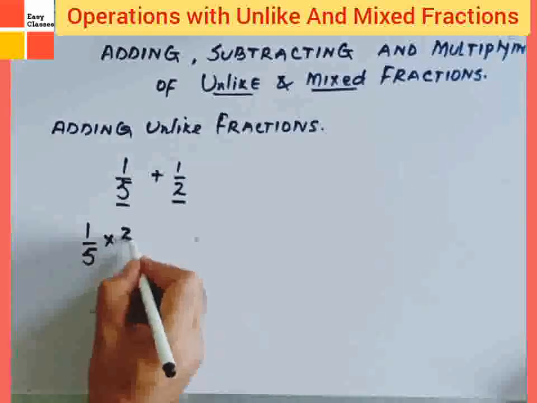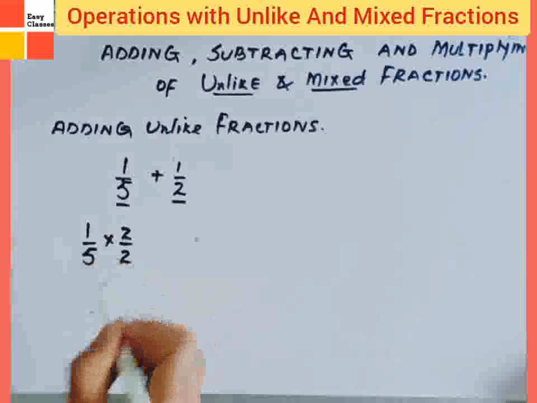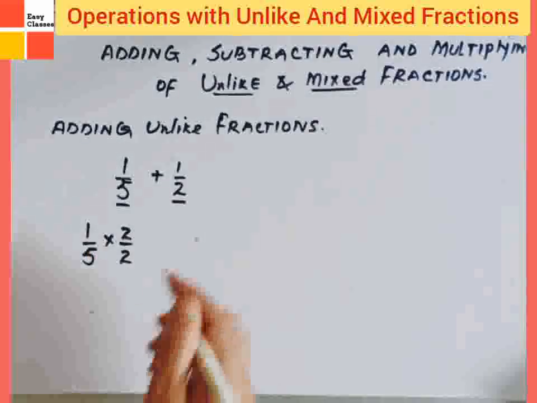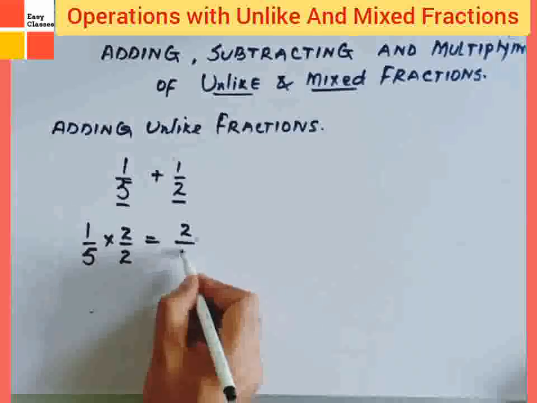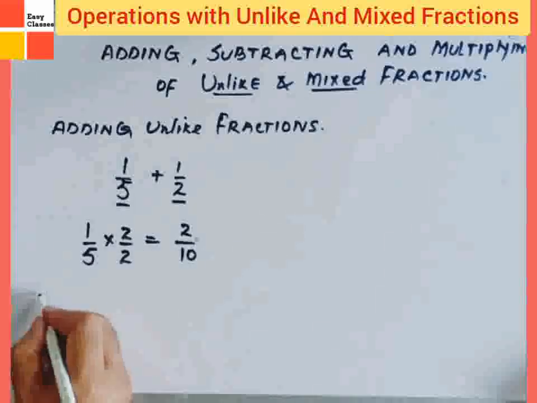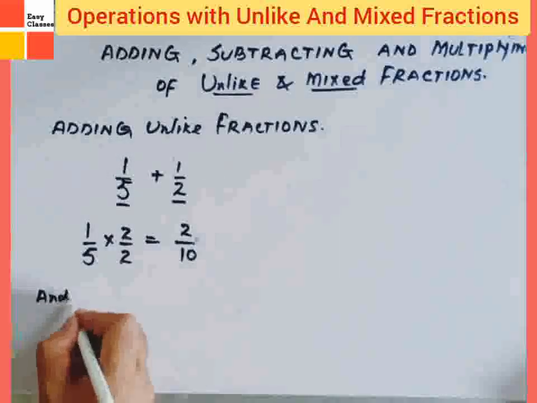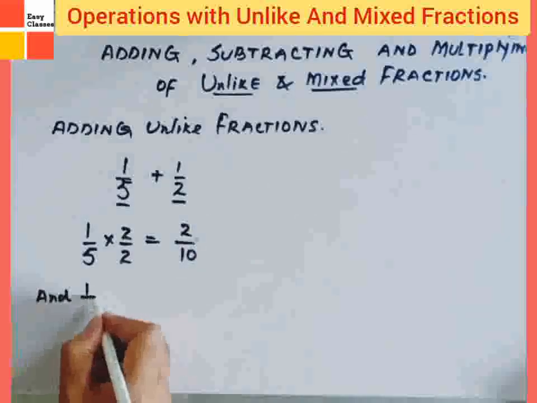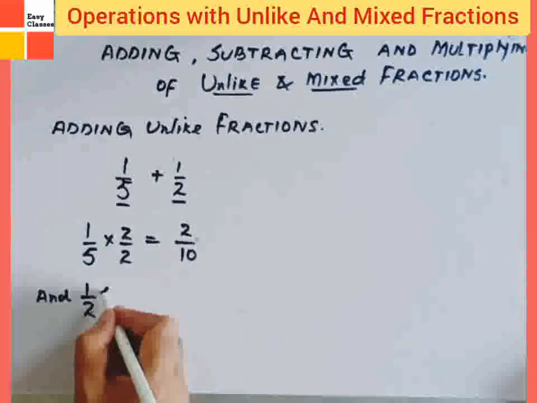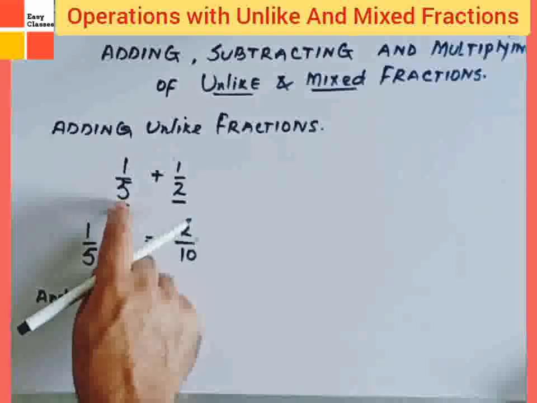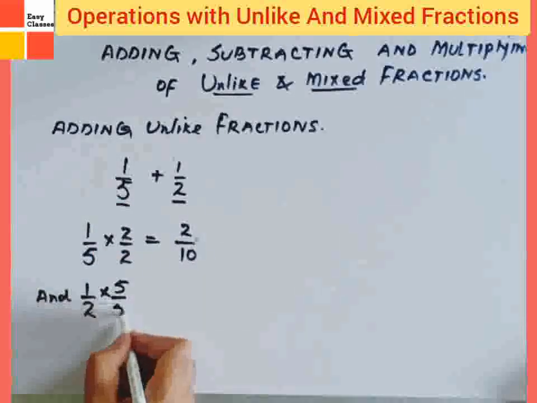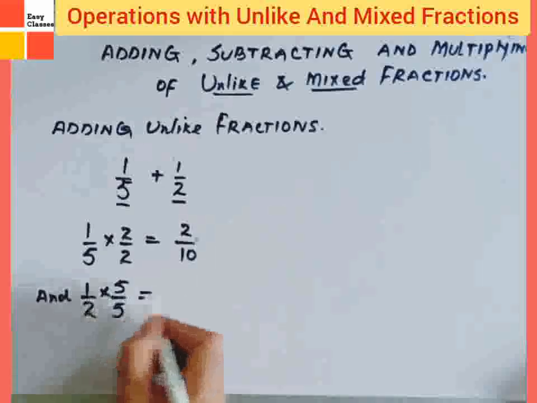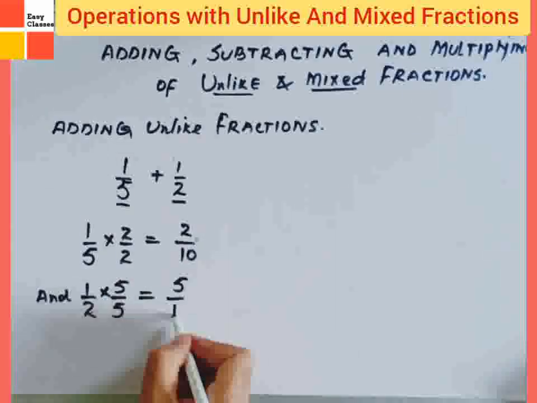Multiply 2 to its numerator and denominator. We will get 2 1s are 2 and 2 5s are 10, right? And now take another fraction 1 by 2, multiply the denominator of the other fraction, 5, to its numerator and denominator. So we will get 5 1s are 5, 5 2s are 10.